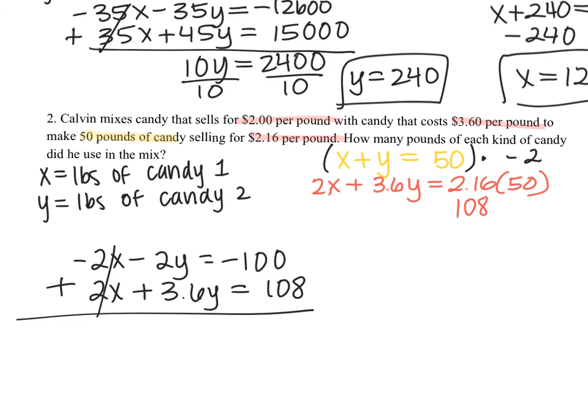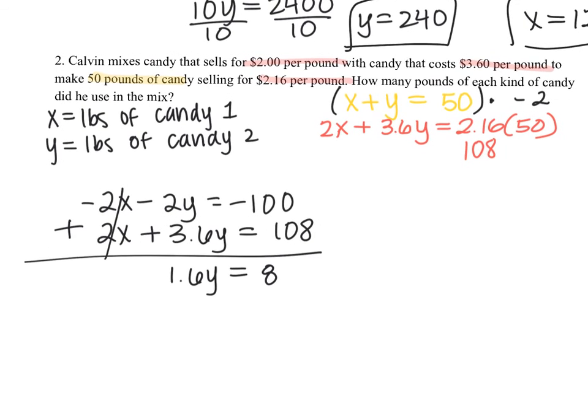I add my equations together, the x's cancel, and then -2 plus 3.6 is going to give us 1.6y equals, and then -100 plus 108 is 8. And then we're going to divide by 1.6. So 8 divided by 1.6 is going to give us 5.